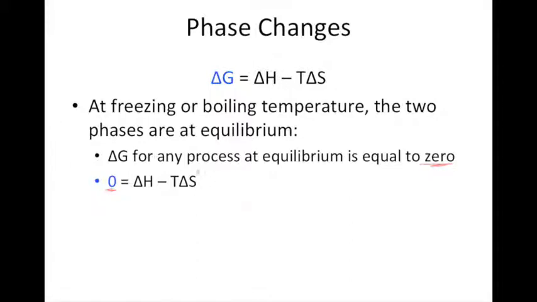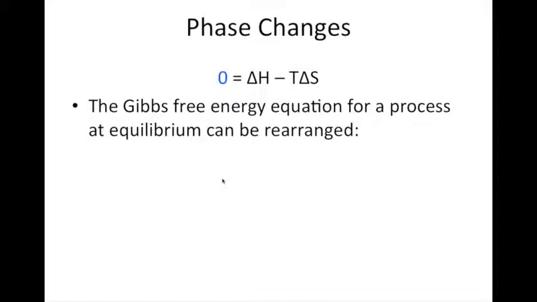Now remember, we can only do this when we are talking about a substance that is undergoing a phase change. If it's not at a phase change, then the process is not at equilibrium, and we can't make this assumption here. So if we have our delta G value set to 0 because we have an equilibrium process, we can rearrange this equation to solve for T.